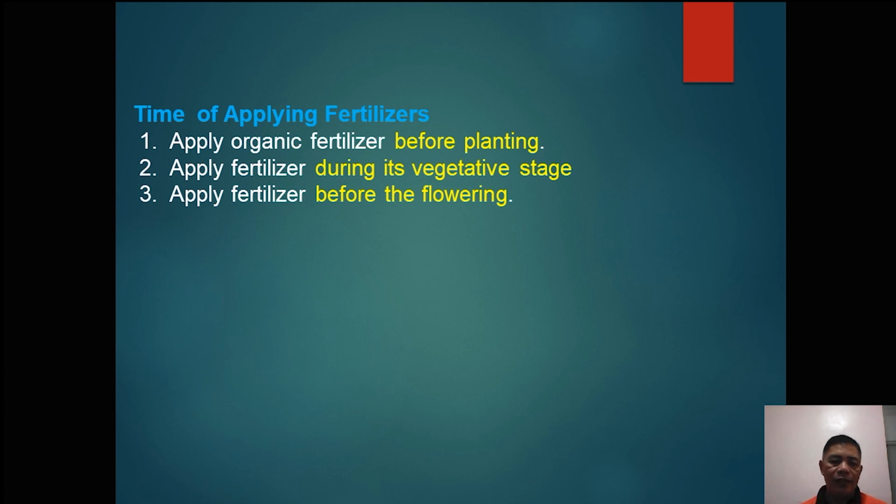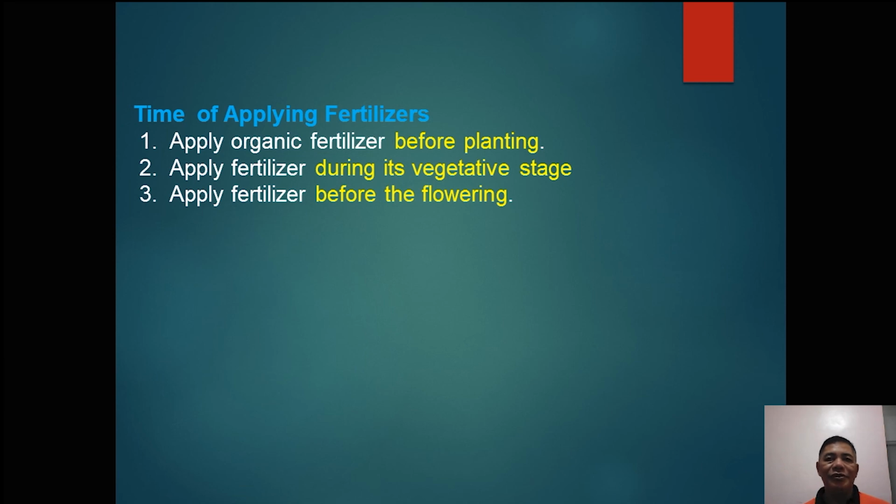And with regards to the application of fertilizer in a day, you can apply fertilizer any time of the day. But of course, why punish yourself applying fertilizer during noon time? I think for practical reasons, you need to apply fertilizer early in the morning and late in the afternoon.